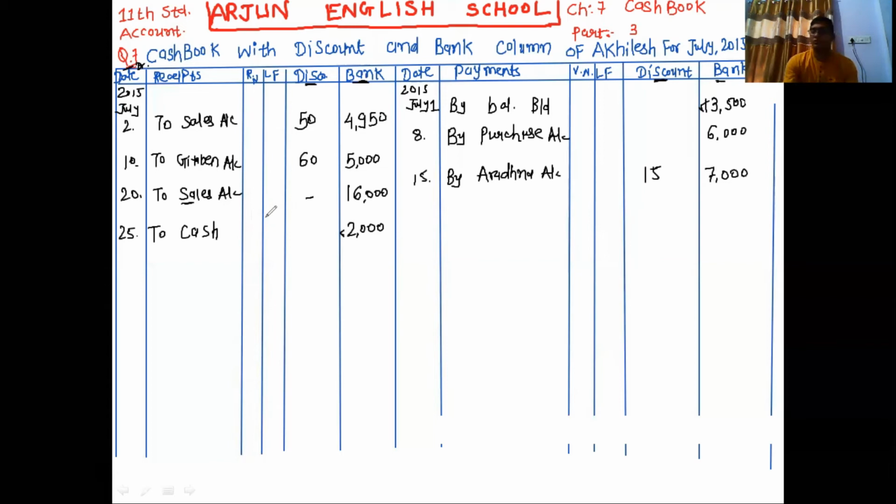But now on date 29, this check for 16,000 was dishonored. Practically, we hear about a bounce check. Means for any reason our check is not cleared by the bank, it is called a bounce check. But theoretically, we have to write down a dishonored check.